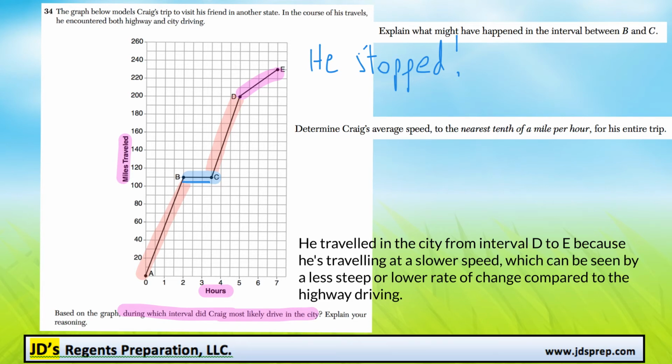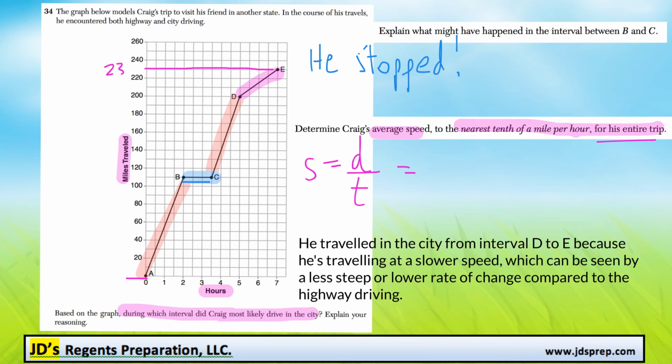And finally, moving on to the final part of the question, it says to determine Craig's average speed to the nearest tenth of a mile per hour for the entire trip. So average speed over the entire trip is going to be found by calculating, so speed is distance over time. In this case, the total distance for the entire trip would be from 0 to this distance here.